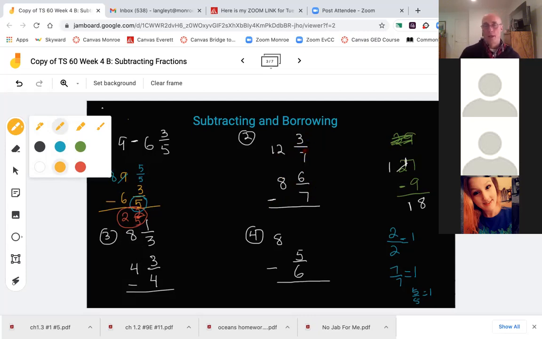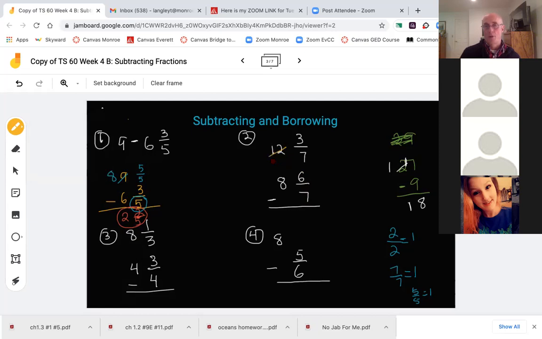No, not even half. That's less than half. 6 out of 7, yeah, that's greater than half. This is a greater fraction. I'm going to have to borrow. Again, think about half of the denominator. Is what's up there more than half? That helps you see visually whether the fraction is greater than the one above it.